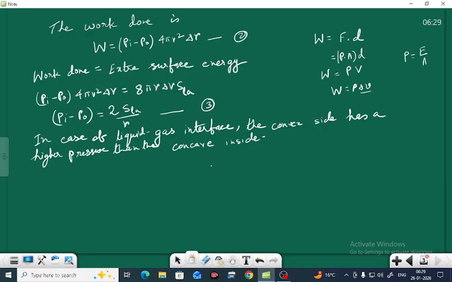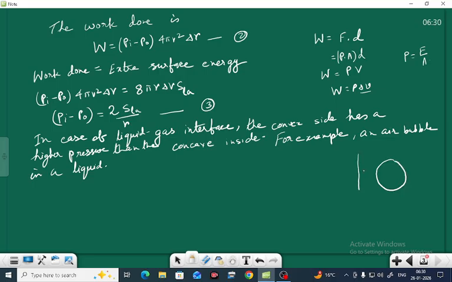For example, an air bubble in a liquid. Air bubble in a liquid means this is the bubble and this is suppose water. I am taking a liquid as water.